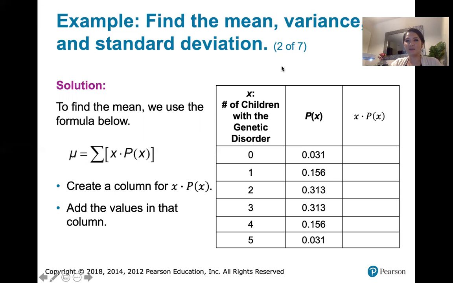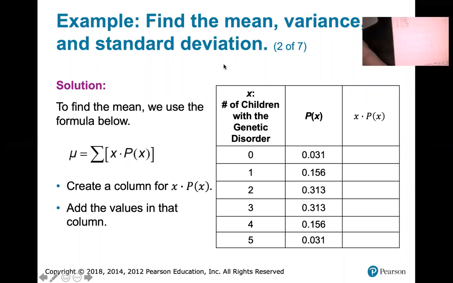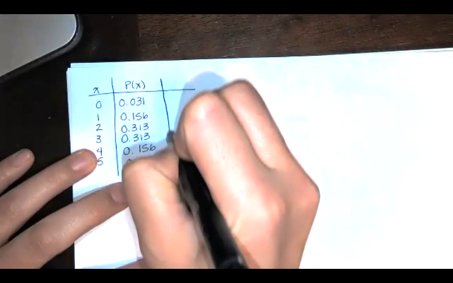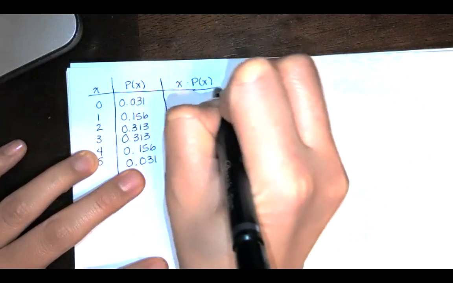I'll share my paper with you. Okay, so this is what we have. Now we want x times that probability in this column.